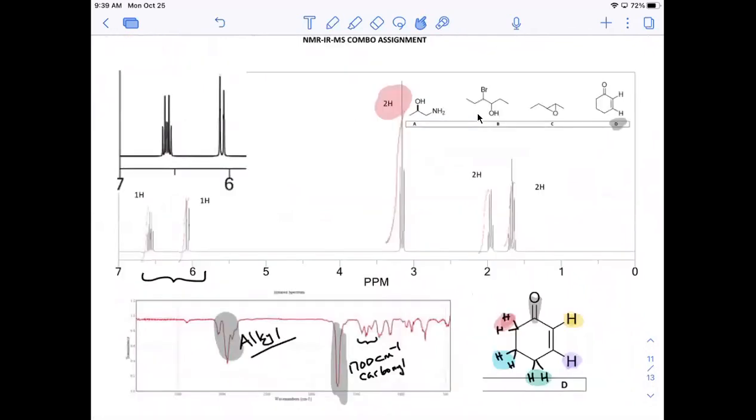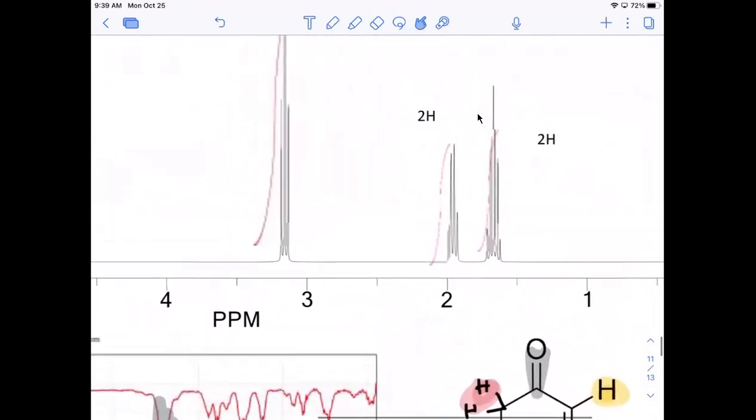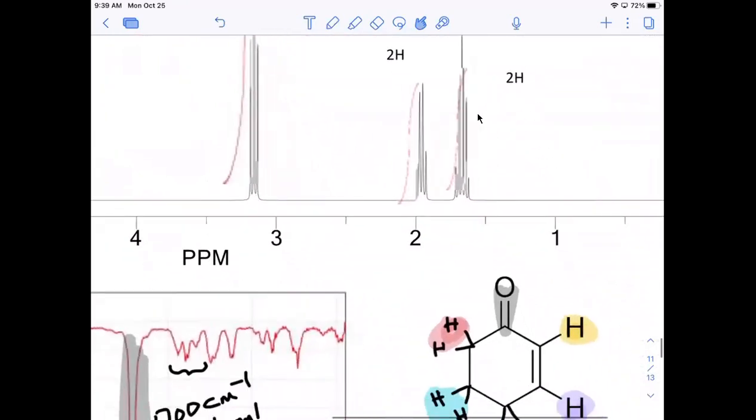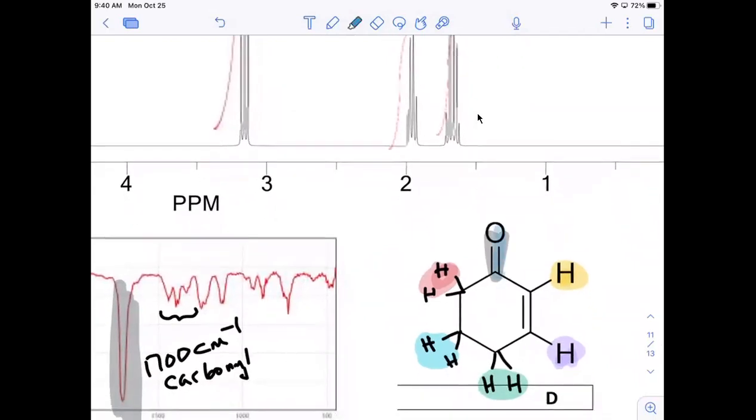All right. So this has to be the pink set right there, right? It's a triplet. It's showing up in the right place. Actually, it's further downfield than it normally would be, because normally it would be somewhere about 2.5. But it's possible that the presence of the double bond, and that double bond being conjugated with the carbonyl, may deshield that even more and push it further downfield.